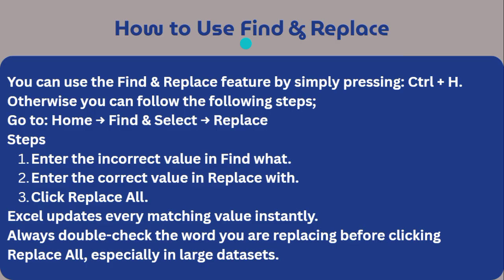Then in Replace with, you enter what you want it to be replaced with, and then you click Replace All, and Excel will update every matching value instantly with the new value you want.